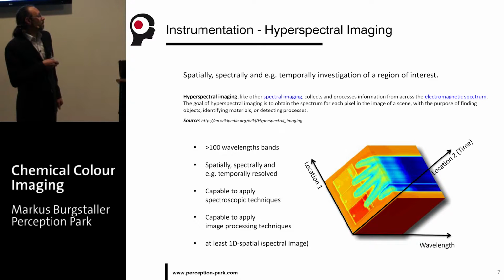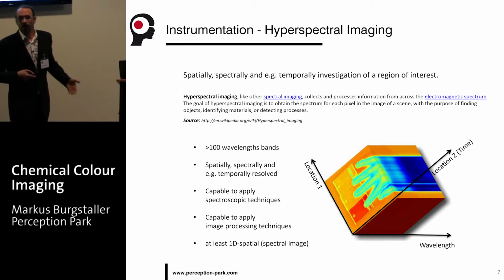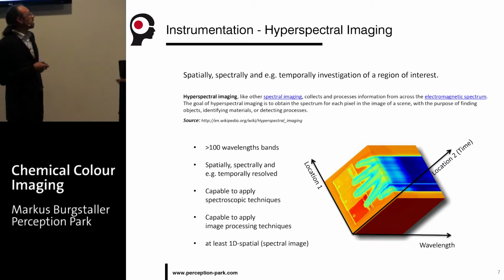Over time, maybe you have a conveyor belt, you transport the objects, you get the second spatial dimension. At the end, after a time span, we get a three-dimensional data cube holding reflectance information of the object.